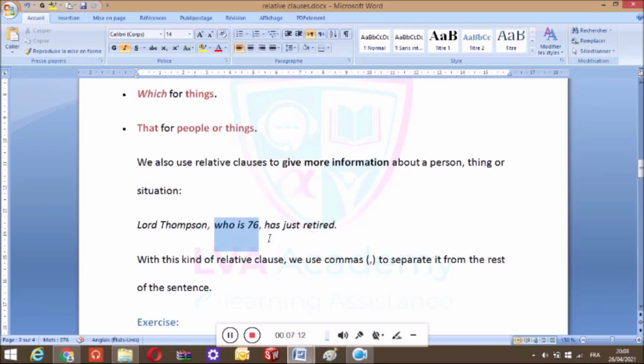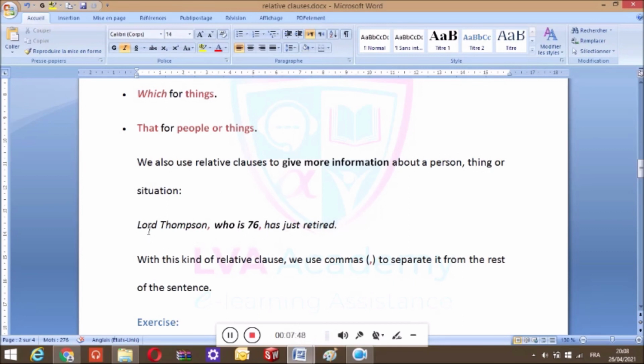Because the relative clause here gives us additional information that might not be necessary, or if we ever thought about deleting this relative clause, the meaning of the sentence won't change and we will still have a complete sentence that conveys a clear idea. Now let's try reading the sentence without the relative clause, which is enclosed between commas.